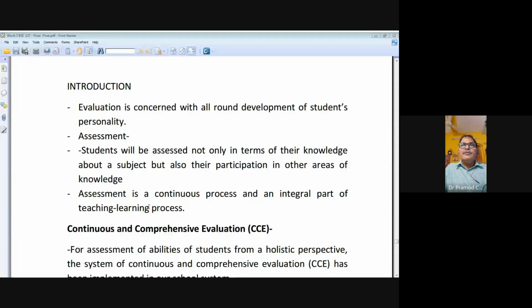We will have to take into consideration the overall personality of the student when we are evaluating the child. Suppose a student is securing good marks, doing all types of activities in the school properly, participating in all the co-curricular activities or curricular activities, then we can say that the student is good.